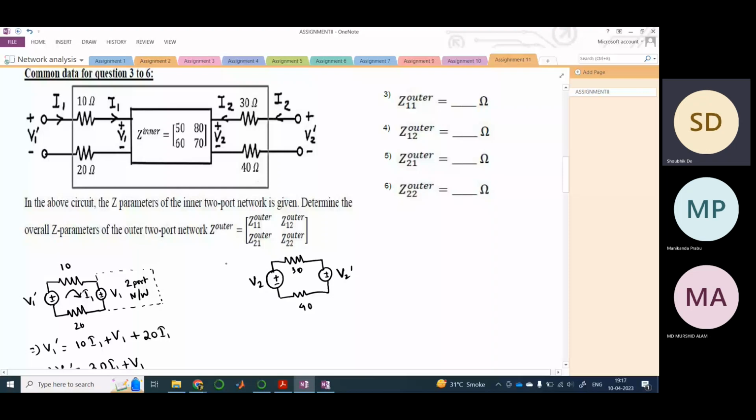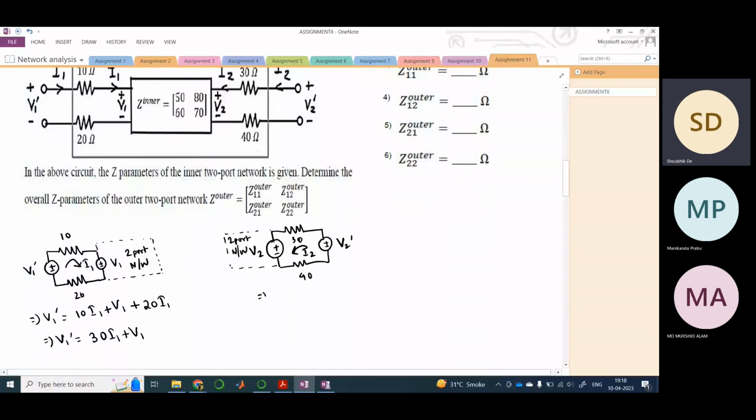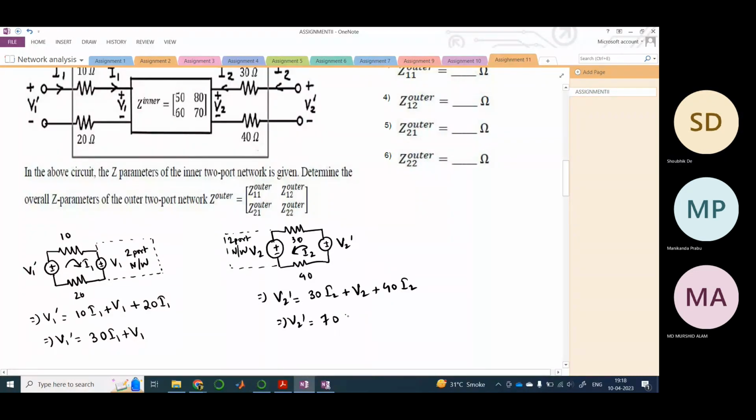On the left hand side again, this two port network is there, and it's already given that through this mesh I2 is flowing. So using this we can easily frame another KVL equation. V2 dash equals 30 I2 plus V2 plus 40 I2. So V2 dash equals, sorry, not 30, it would be 70 I2 plus V2.